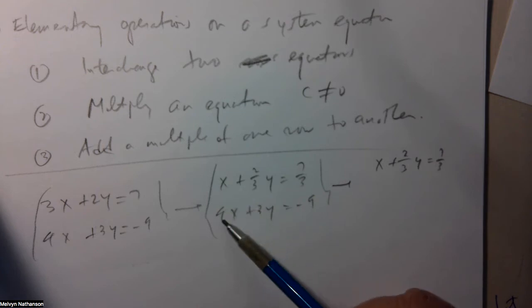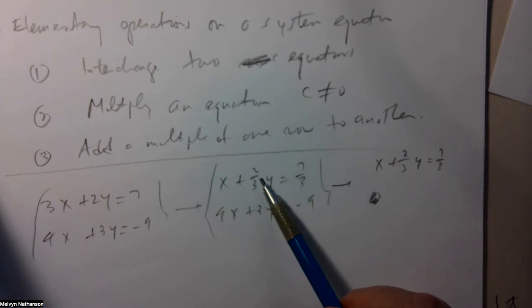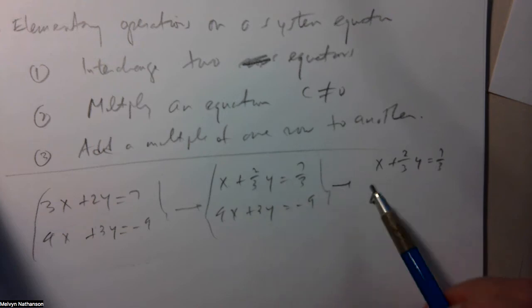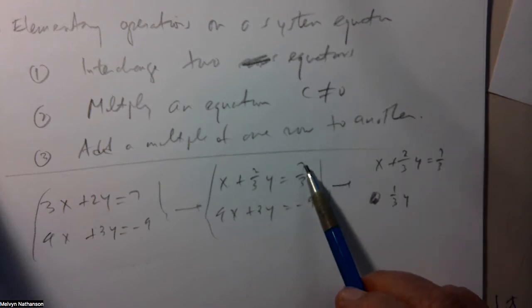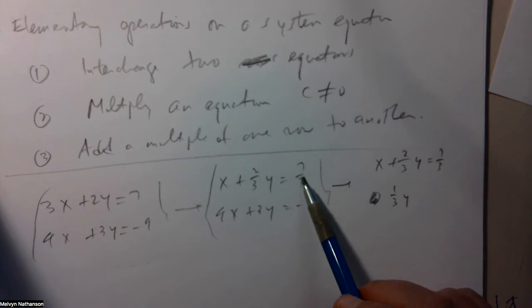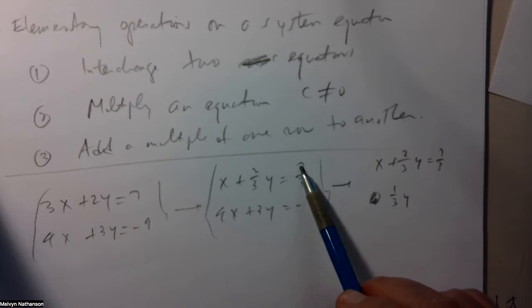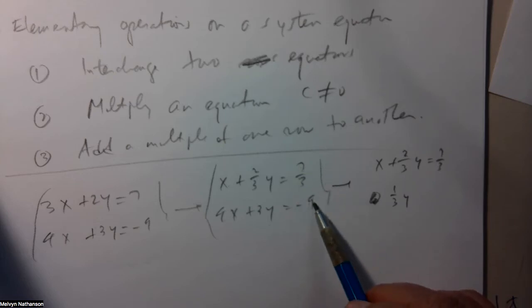So we get minus 4x plus 4x is 0x. I get minus 8/3 plus 3, which is 9/3, so I get 1/3 y, and minus 28/3 minus 9, which is minus 27 over 3.